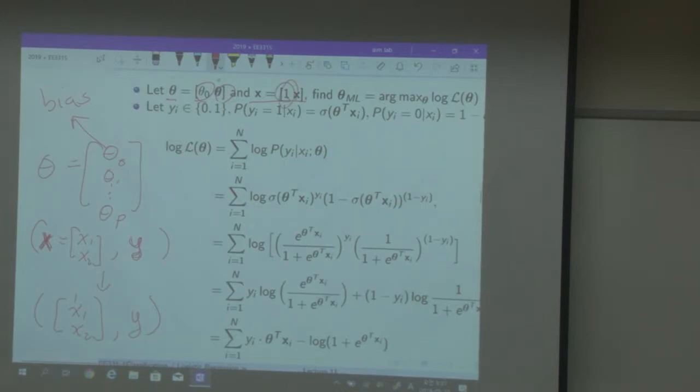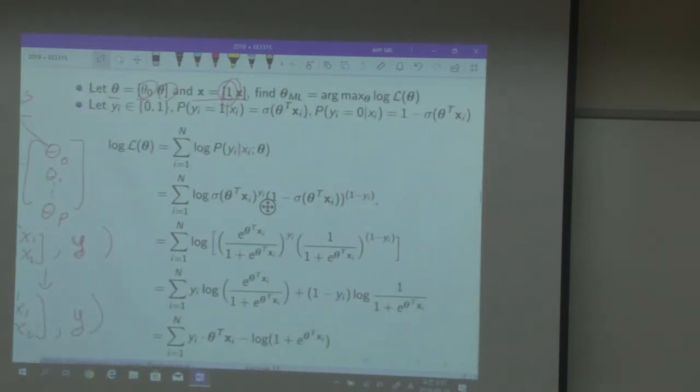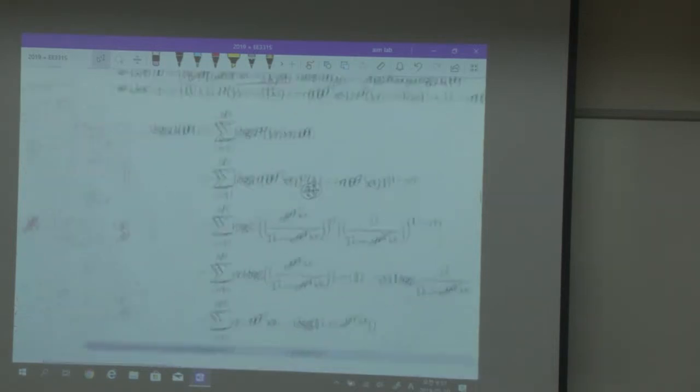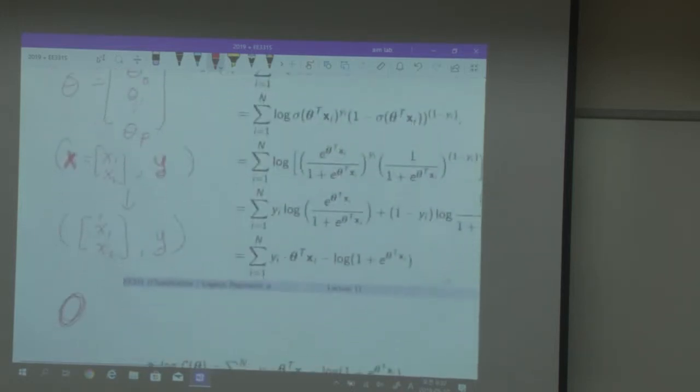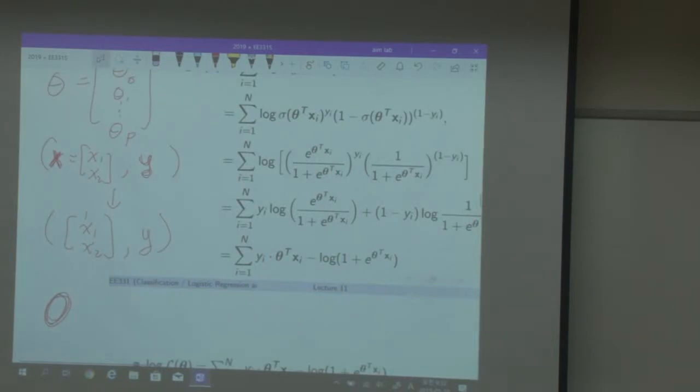Okay, sorry about this. I should be using transpose. So if I'm doing linear regression or linear classification, what would my prediction look like? I call this X. Linear classifier. What would be the mathematical form of the linear classifier?